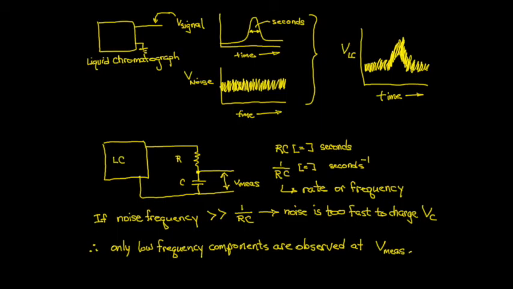Essentially, 100% of these rapidly changing voltage components will appear as a voltage across the resistor and contribute nothing to the voltage on the capacitor. We say that the capacitor passes only the low-frequency components in the signal. By measuring the signal across the capacitor, we create a low-frequency or low-pass filter.